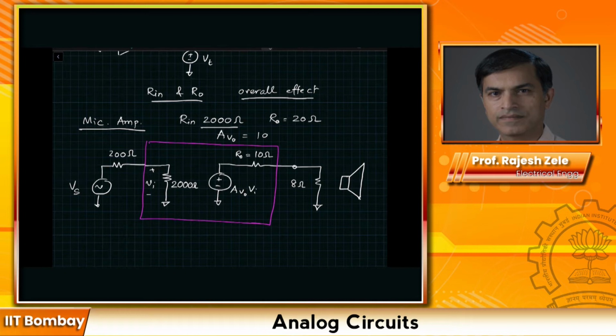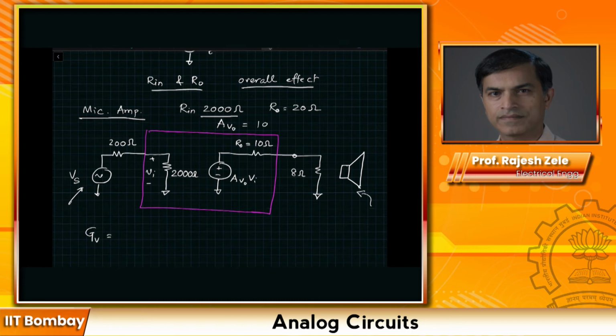And now let's compute the overall gain, GV, from the microphone all the way to the speaker. What are we going to get? GV is equal to, first of all, we have Rin, which is 2000 ohms divided by 2000 plus 200. That would be our first voltage divider, Vs to Vi. Then we multiply by AV0, and then we multiply by 8 ohms divided by 10 plus 8 ohms.